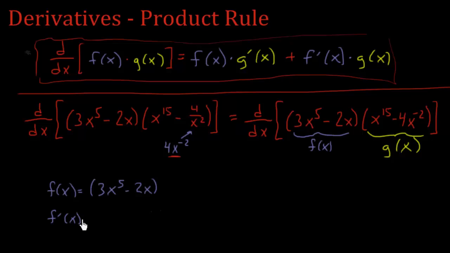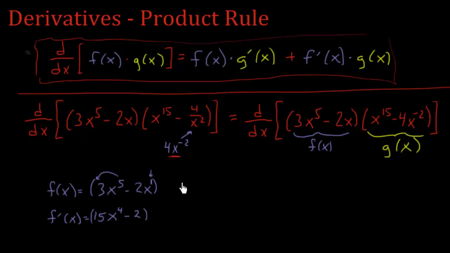You do the power rule, so you bring the 5 down and multiply by 3 to get 15, then subtract 1 off the exponent, so 5 minus 1 is 4. Minus the derivative of 2x. Technically there is a 1 exponent there, so you bring the 1 down, multiply it by 2, and get 2, and x to the 0 is just 1. So the derivative is 15x to the 4th minus 2.